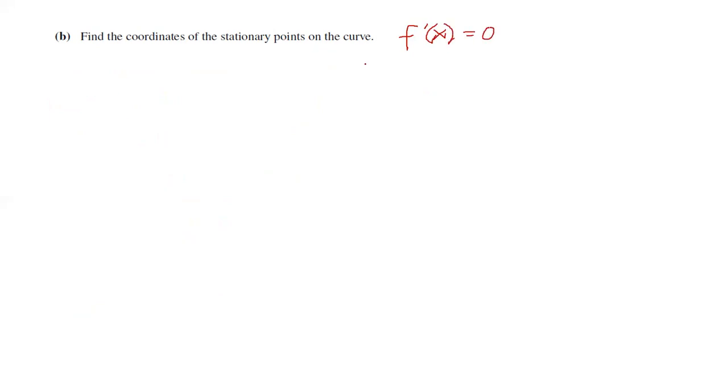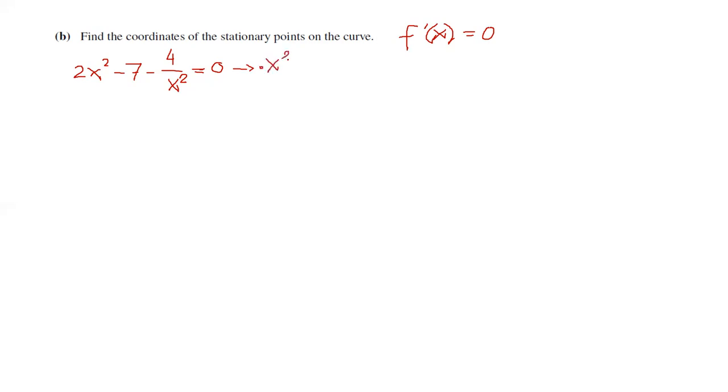Okay, if the first derivative equals 0, it means 2x squared minus 7 minus 4 over x squared equals 0. I will multiply by x squared.